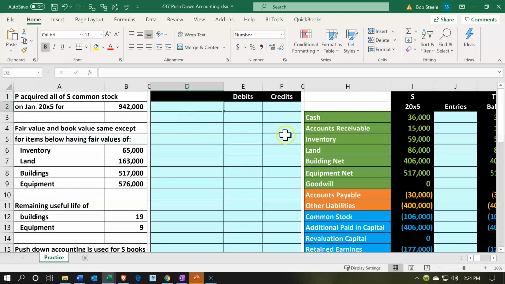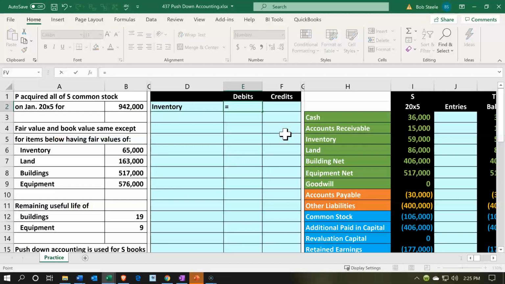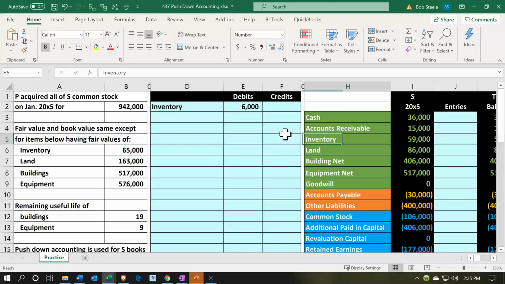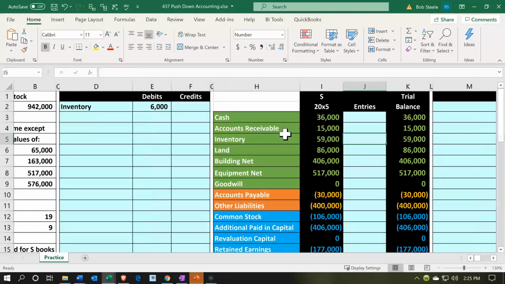This is the inventory that was on S's books, and now we're saying that it should be the $65,000. So we need to increase it by $65,000 minus the $59,000, or another $6,000. Let's post this as we go. We're writing up the inventory to what we believe the fair value is, the $65,000.